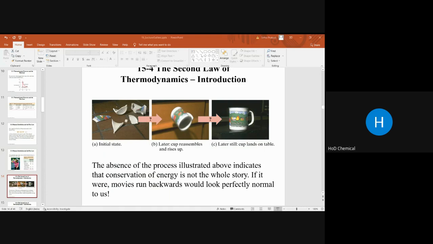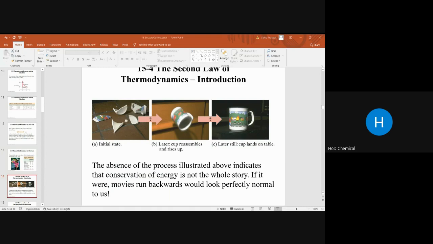Second law of thermodynamics introduction, continuing from the previous one. The second law of thermodynamics is a statement about which processes occur and which do not. There are many ways to state the second law.